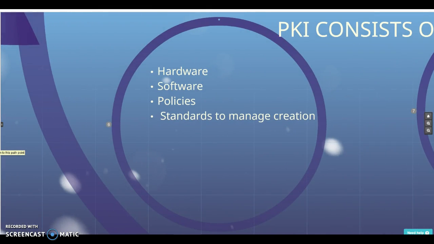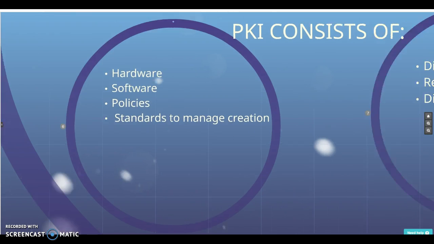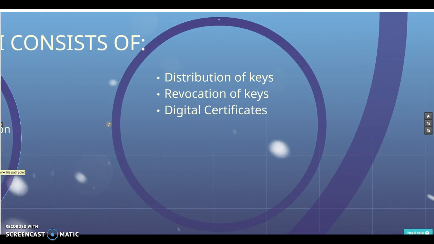Public key infrastructure consists of hardware, software, policies that the organization has implemented, standards to manage the creation and distribution of keys, who we want to give the keys to, the revocation of keys, the withdrawal or the canceling of keys, and the digital certificates. The digital certificates bind the user's identity to the digital certificate.